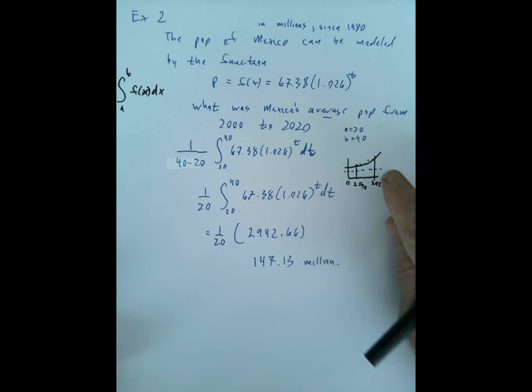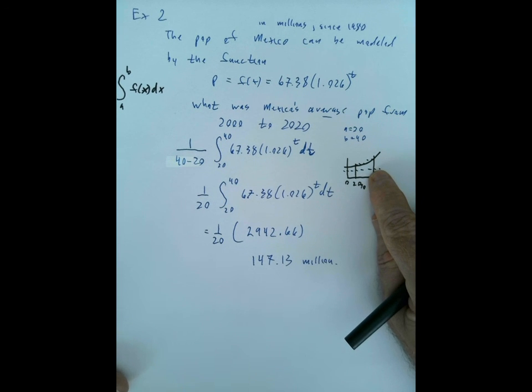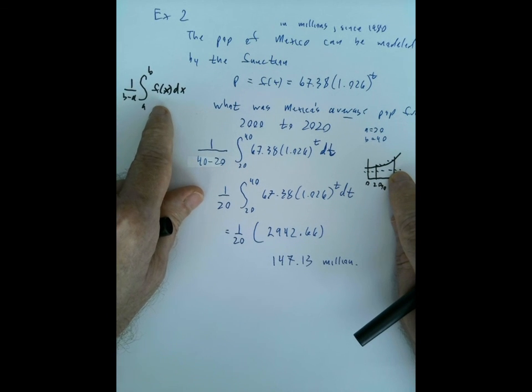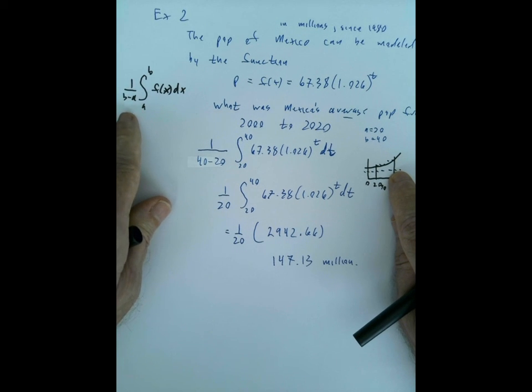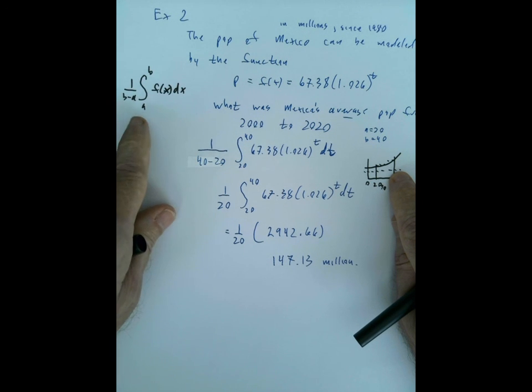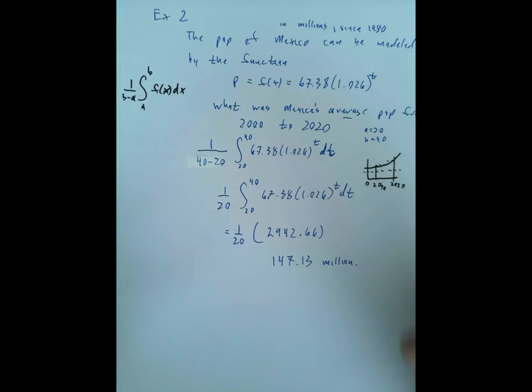So for the average population, we're going to use our formula: 1 over b minus a times the integral of the function f of x integrated from a to b. Here's how we write it.